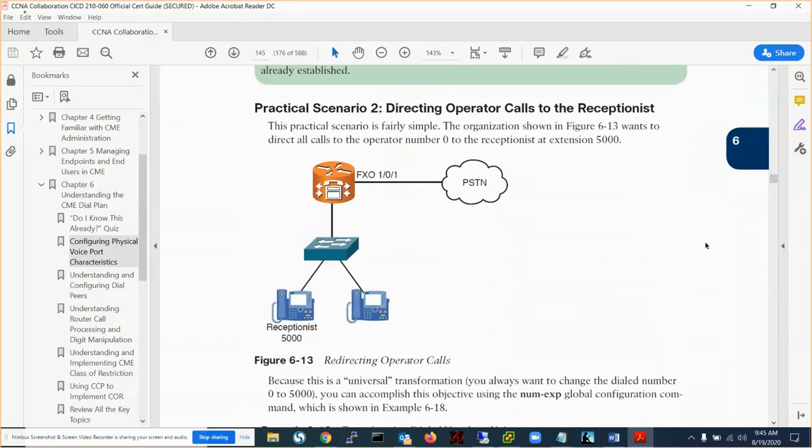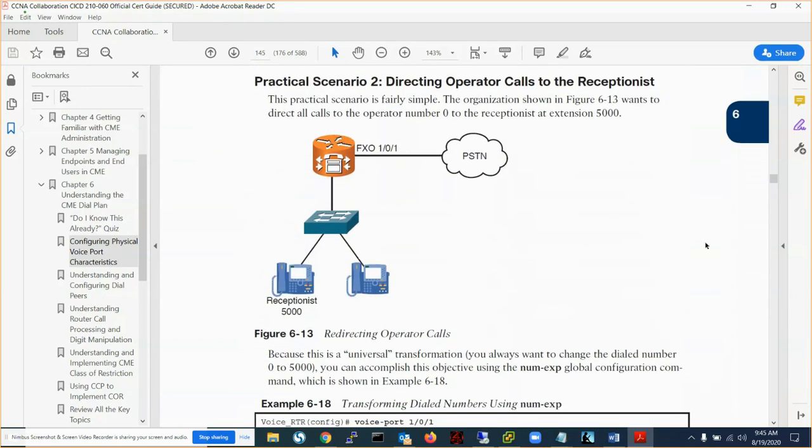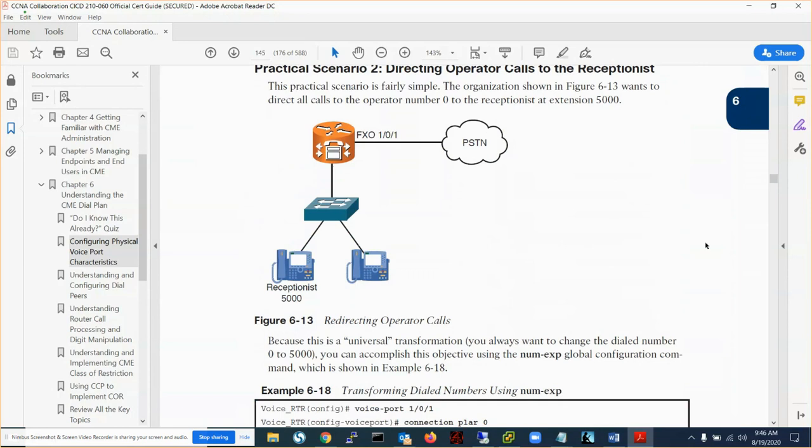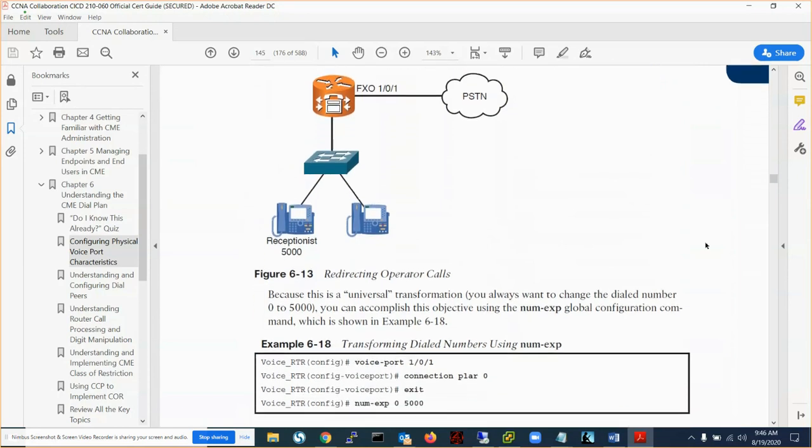Scenario 2, directing operator calls to the receptionist. The organization wants to direct all calls to the operator number 0 to reception at extension 5000. Most times in most companies you press 0 and you go to the operator.